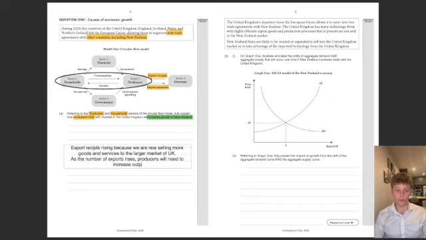If we're selling more goods, we need to produce them first, so they'll increase their output.